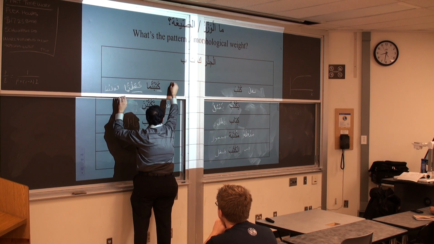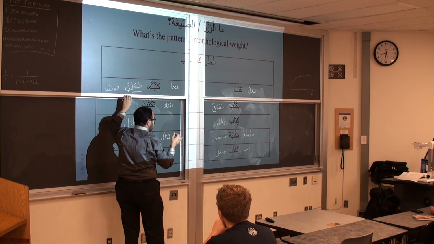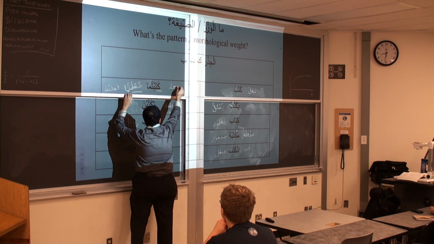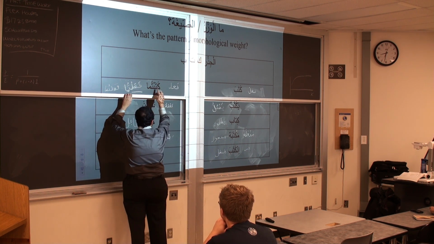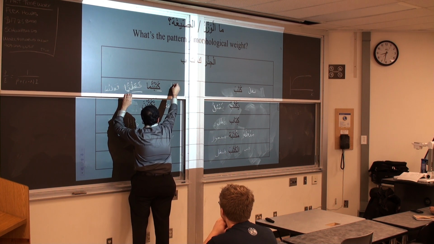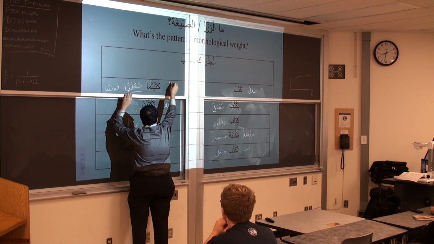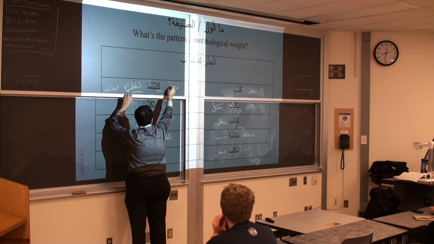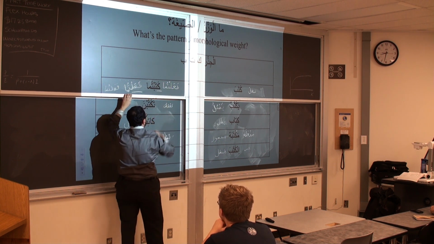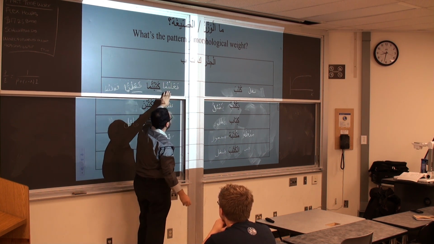The ba will be replaced by the lam, as usual. And we'll add all extra things. The kaf has a fatha, so the fatha will be put on the fa. The ta has a fatha, so the fatha will be put on the ayn. The ba has a sukoon, the sukoon will be put on the lam. And then we'll add all the extra letters with their short vowels, so it will be fa'al tuma.